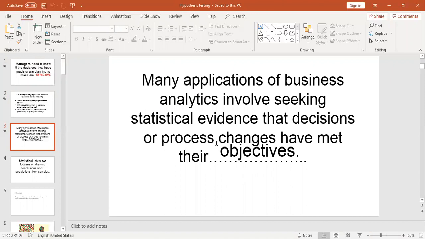So most of the applications that we use in business analytics try to find evidence in order to check whether the decisions or the changes in the processes that you have made have successfully achieved the expected objective.